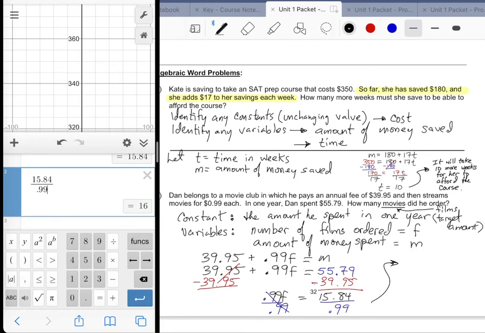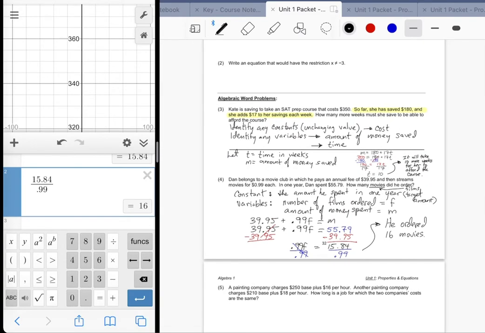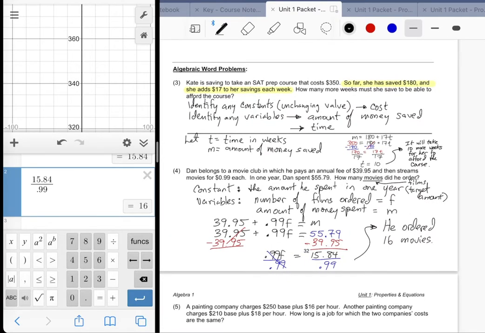So even I make that mistake sometimes, and I'm lucky I caught it. So we said films, but they said movies. We answer the question they asked. So we will say he ordered 16 movies. All right. So I'll stop it there.